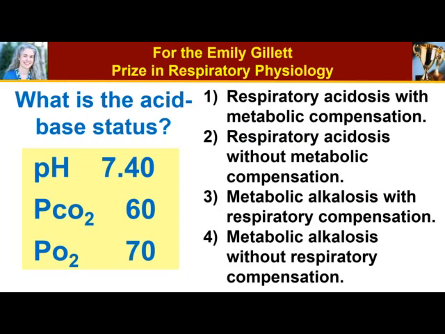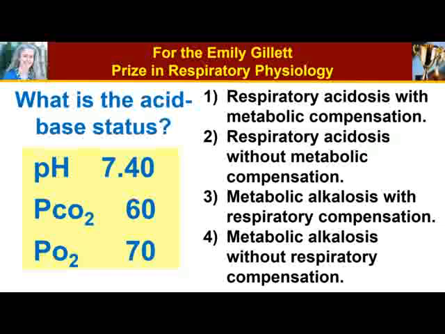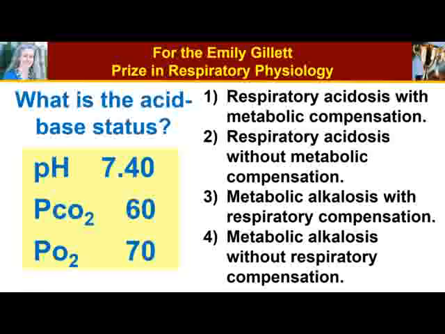What about this blood gas? Here we have a pH of 7.40 and a PCO2 of 60. So is it respiratory acidosis with metabolic compensation, respiratory acidosis without metabolic compensation, metabolic alkalosis with respiratory compensation, or metabolic alkalosis without respiratory compensation?